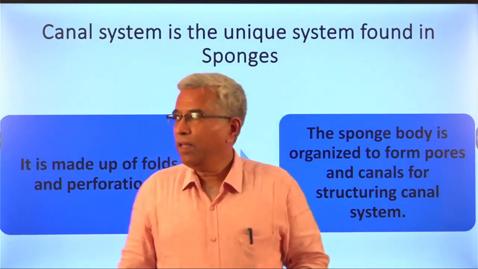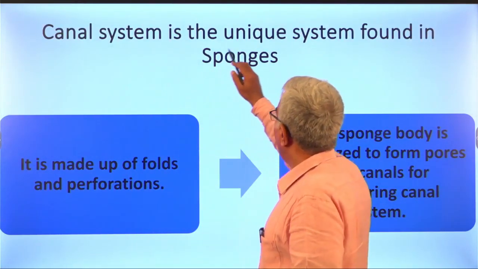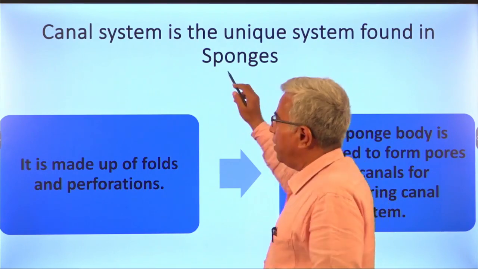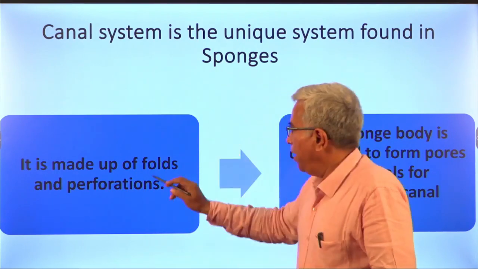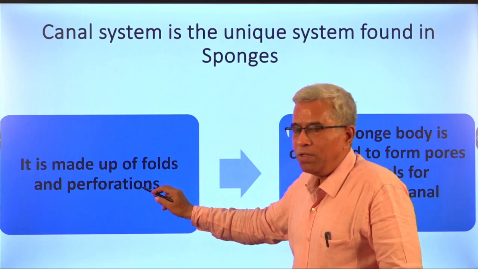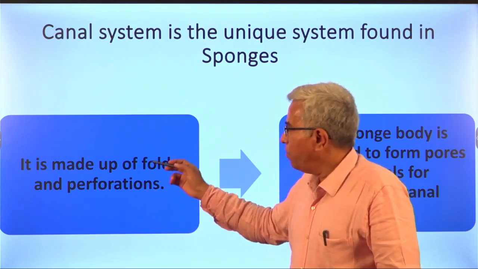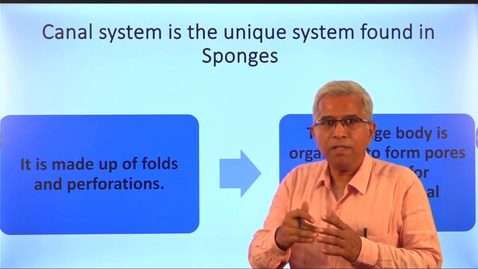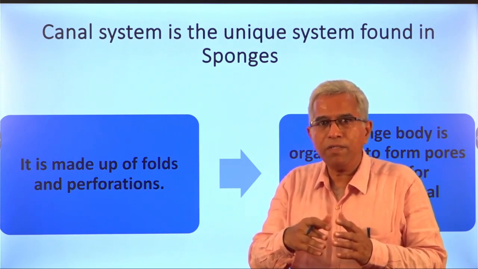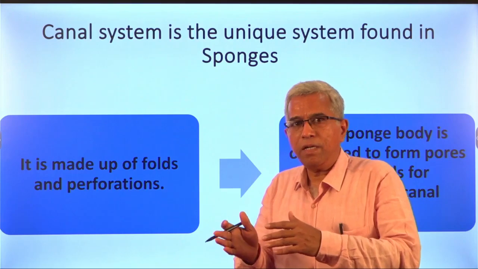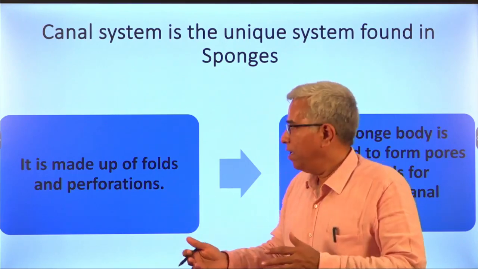Here you can see canal system is the unique system found in sponges. It is made up of folds and perforations. These folds may be invaginations, that means inward foldings, or evaginations, that means outward foldings.